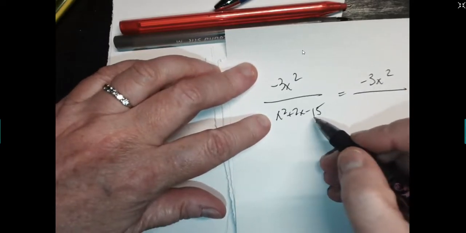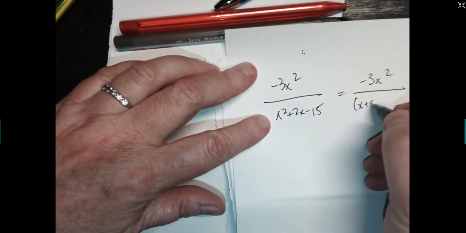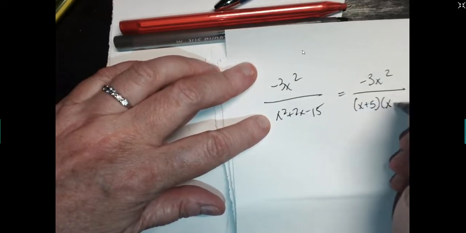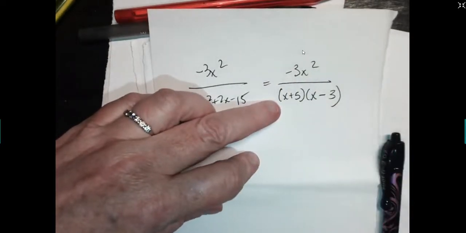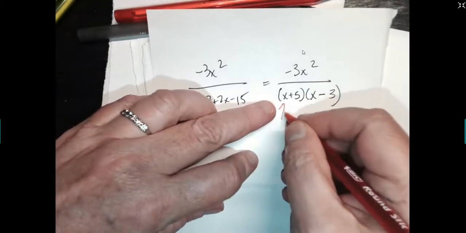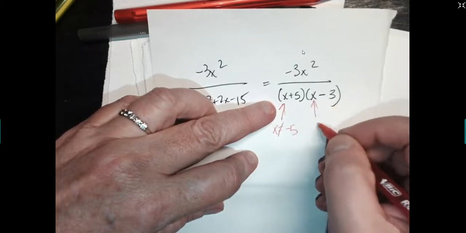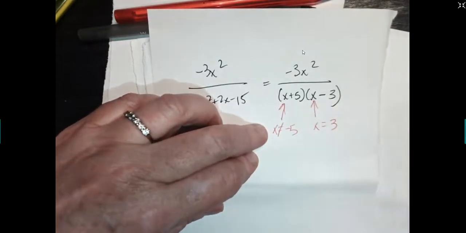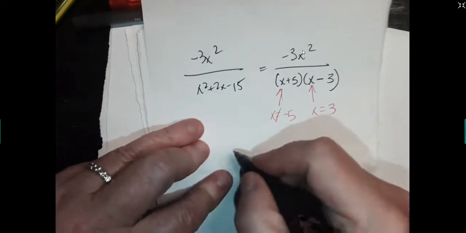Two numbers that multiply together give you negative 15, but add up to give you positive 2. Okay, that's what we're going to be. And so when it's like this, we can see x is not allowed to be -5, and x is not allowed to be 3.